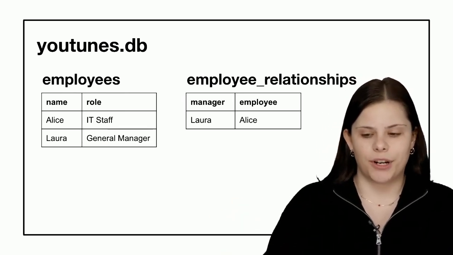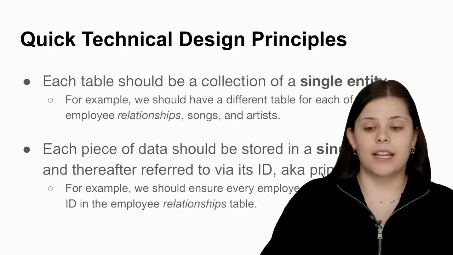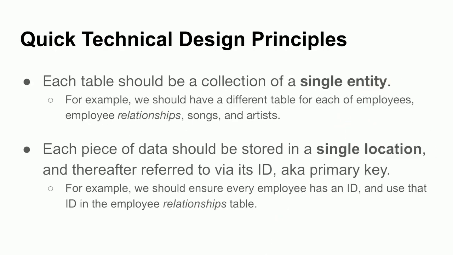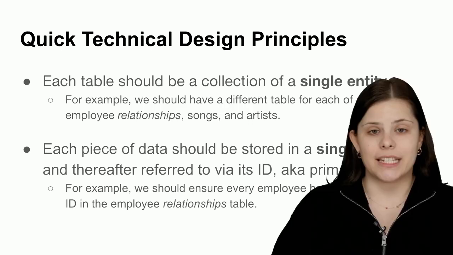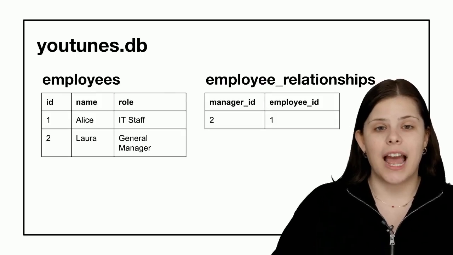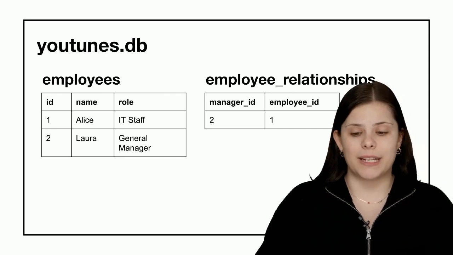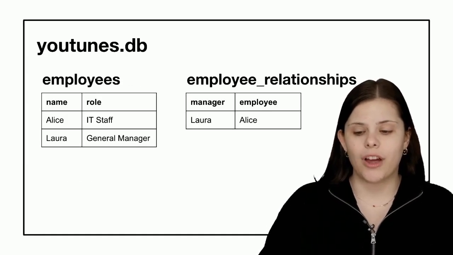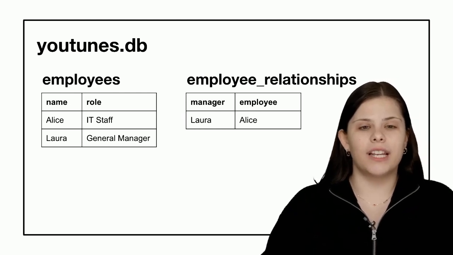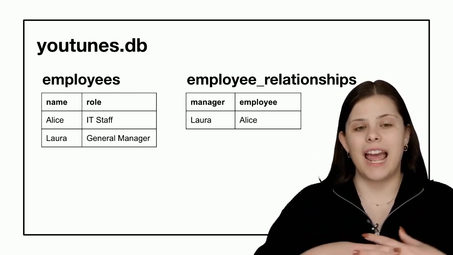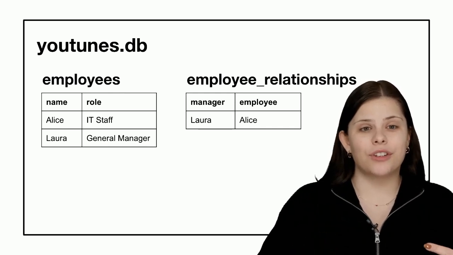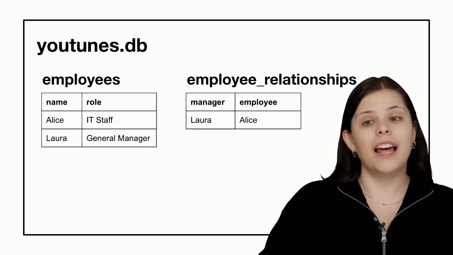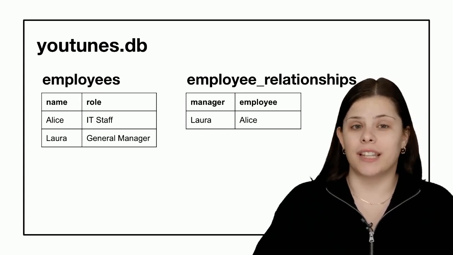The second principle that we're going to talk about today is that each piece of data should be stored in a single location, and then it should be referred to by its ID. For example, if we go back to the database we just saw, we are recording the relationship using the names Laura and Alice. But what happens if there is another Laura or another Alice with different last names?